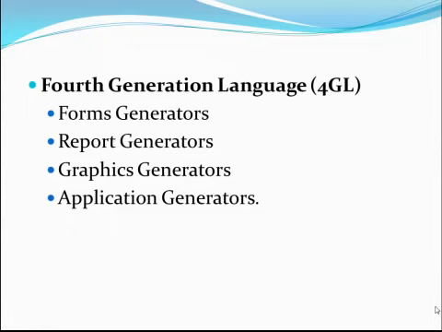Application generators typically consist of pre-written modules that comprise fundamental functions that most programs use. These modules, usually written in a high-level language, constitute a library of functions to choose from. The user specifies what the program is supposed to do. The application generator determines how the task is to be performed.